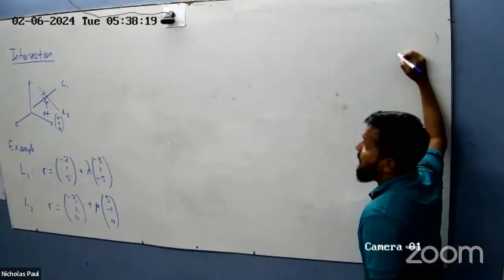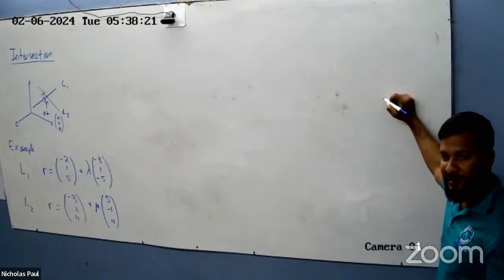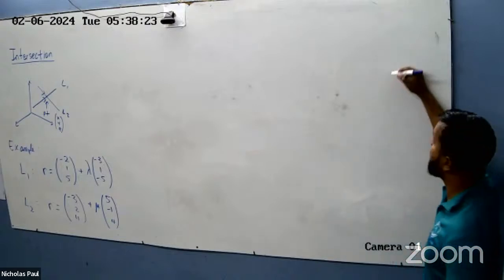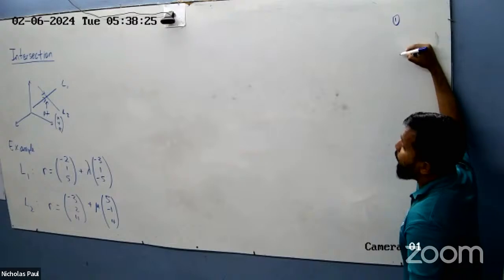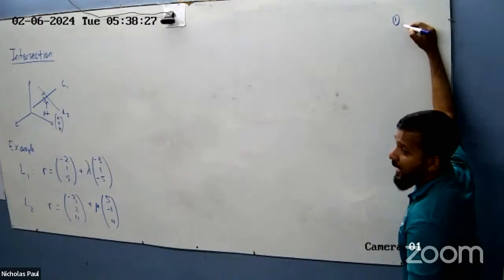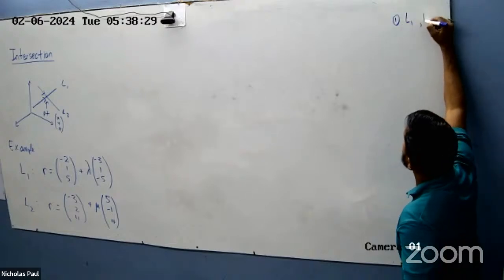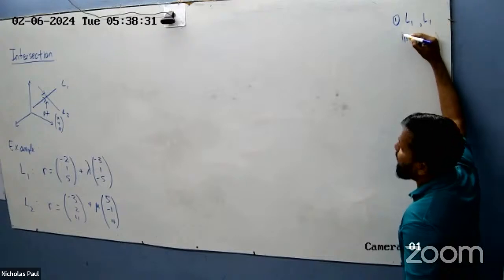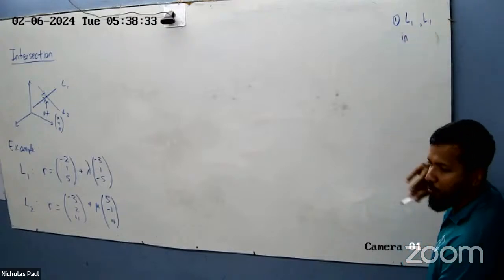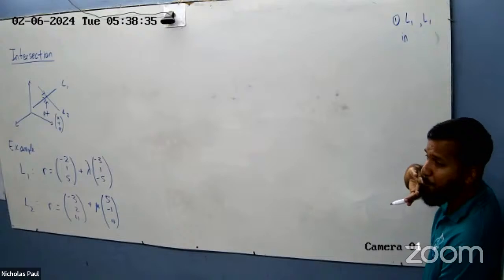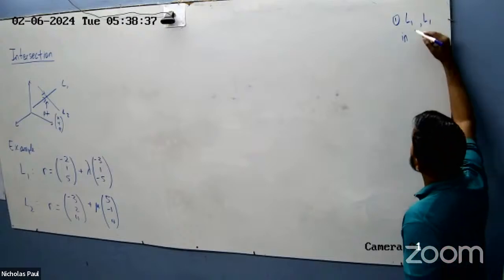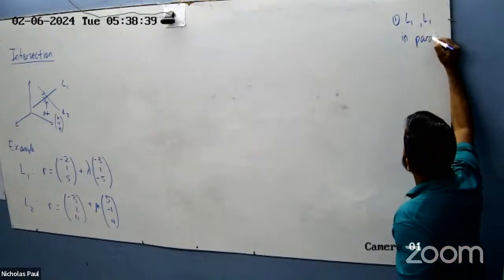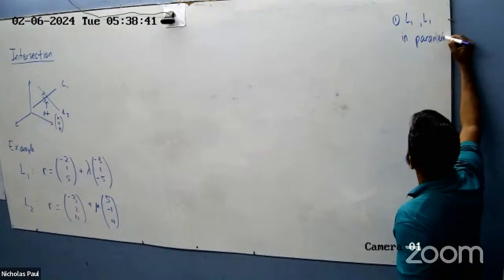All right, so I'm going to give you an idea of the steps that we're going to take and how we're going to go about this. So the first step, we're going to write the lines, L1 and L2, in the easiest form to read off. We're going to put it in the parametric form.